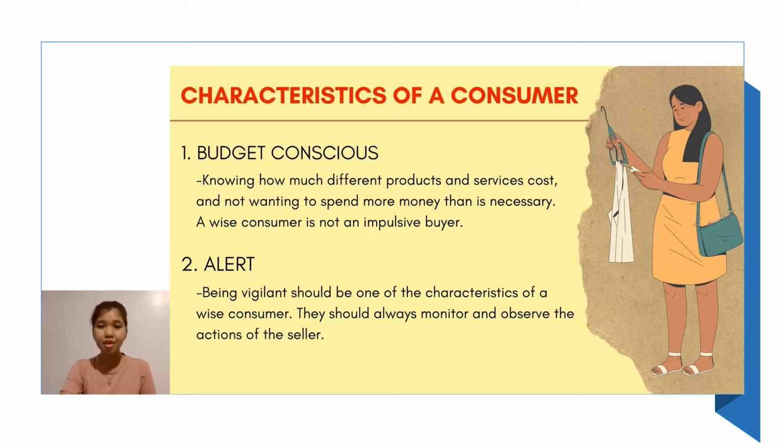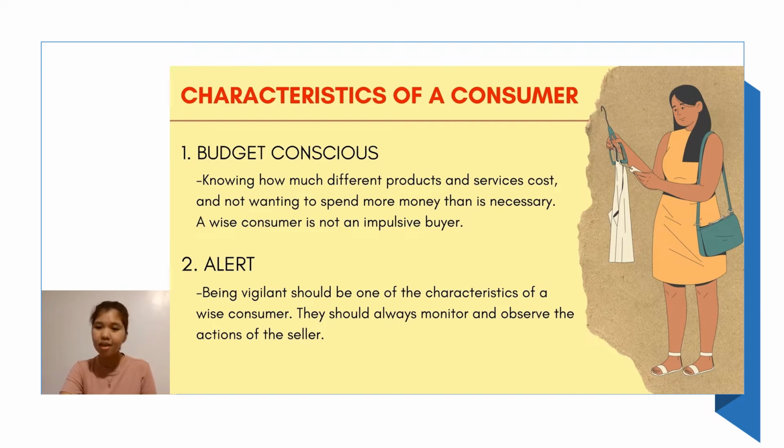Next is you should always be alert as a consumer because being vigilant should be one of the characteristics of a wise consumer. They should always monitor and observe the actions of the seller. Yes, a consumer should be aware of his rights and should discharge his responsibilities like a good citizen. Thus, when he is alert, he is always safe.